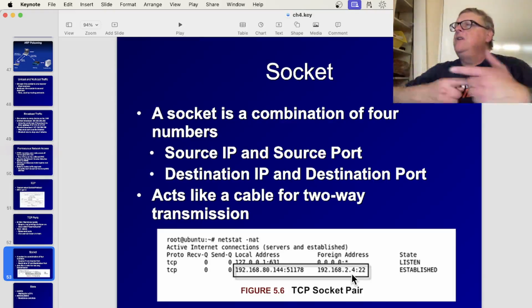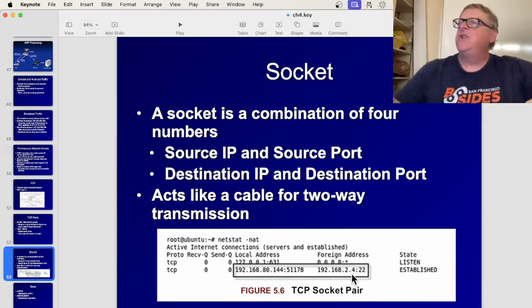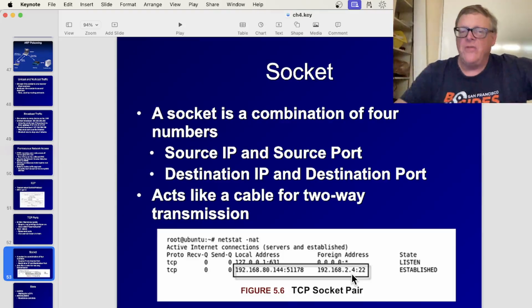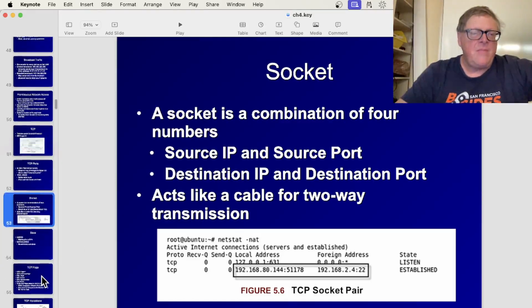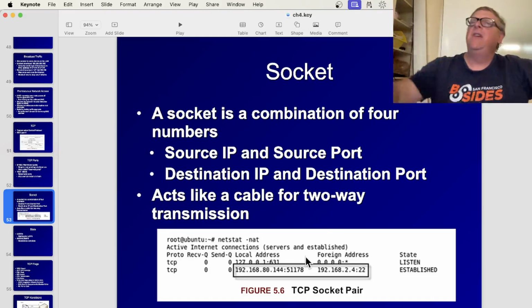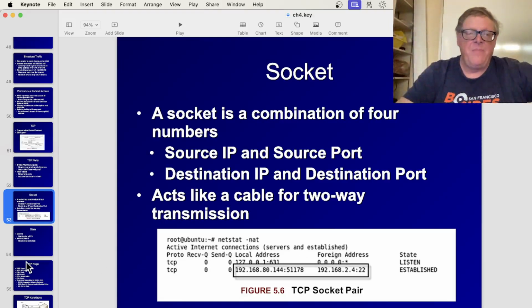Now the 2 devices can communicate with the traffic being sorted so it doesn't get mixed with anybody else's traffic. It's like I had a cable dedicated just for my client to talk to that server. It doesn't imply any encryption or privacy. It just means that the packets are correctly sorted, so my client application will talk to that server application.